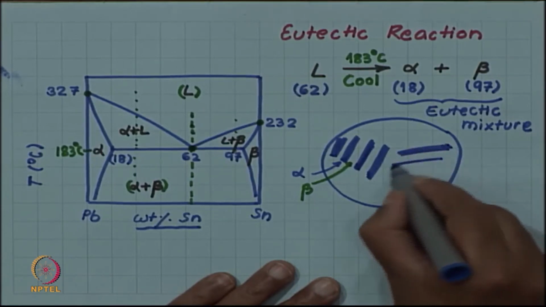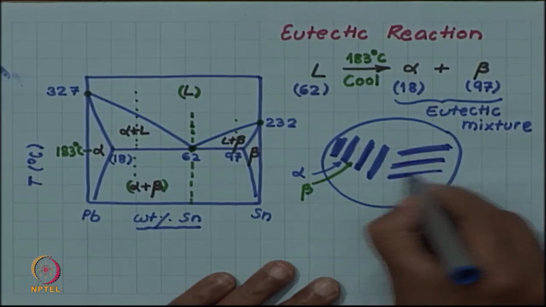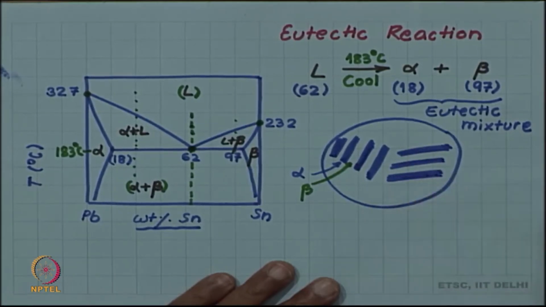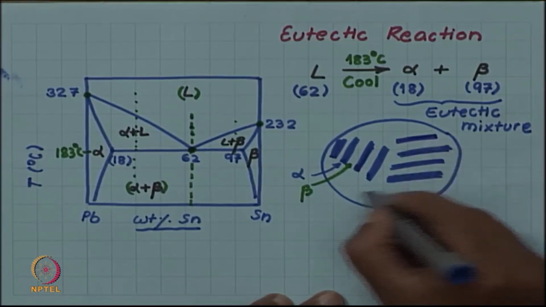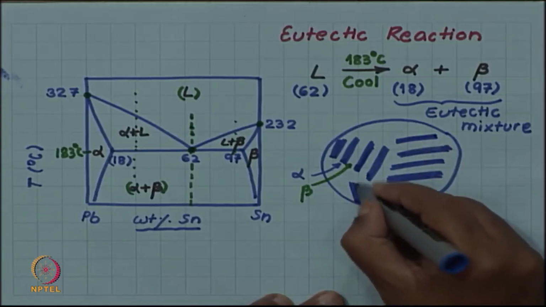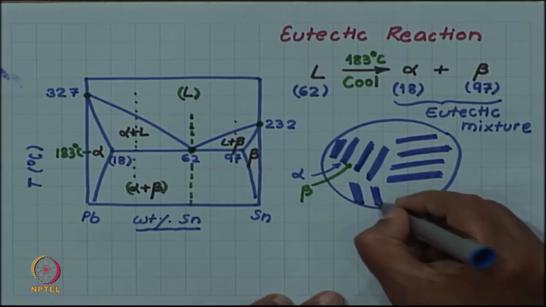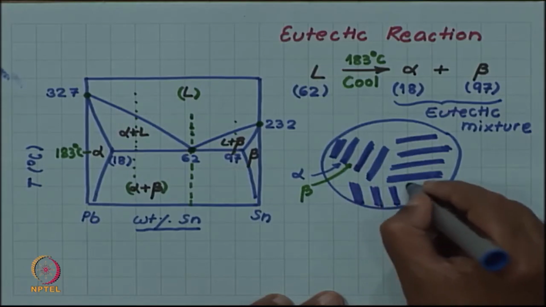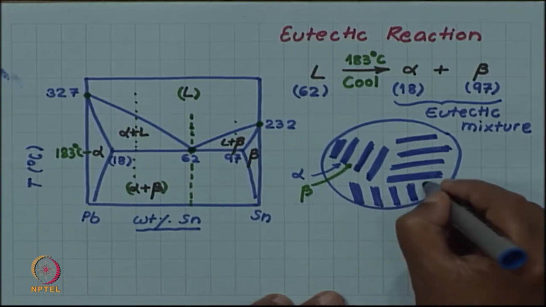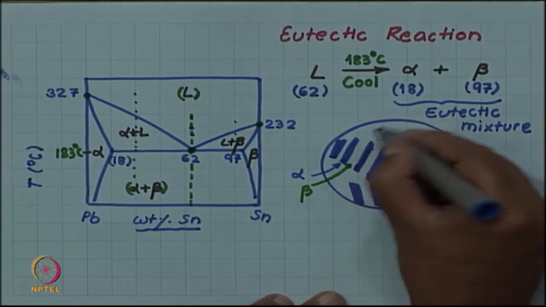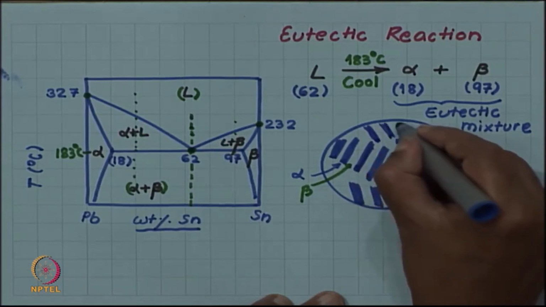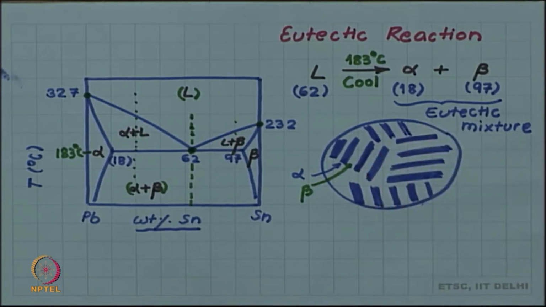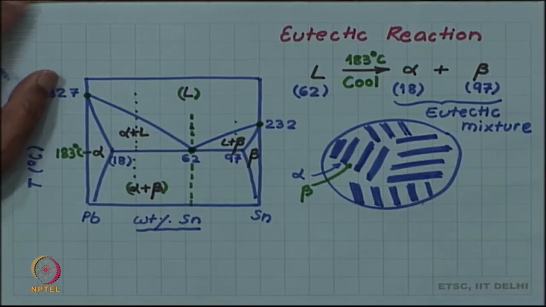So, in some other region of the alloy again alpha and beta plates are there, but they are in a different orientation. Yet another region you have yet another orientation. So, this is a schematic I have drawn.